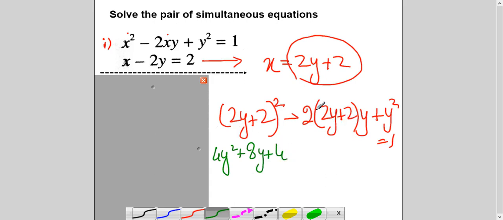Here, the point is when you multiply 2 by this, which will be 4y, multiply this also, because this term is multiplying. So either you write y here or you write it here with 2, it's the same thing. So it will be 2y multiplied by 2y will be 4y square, 2y multiplied by 2 will be minus 4y, plus y square equals to 1.